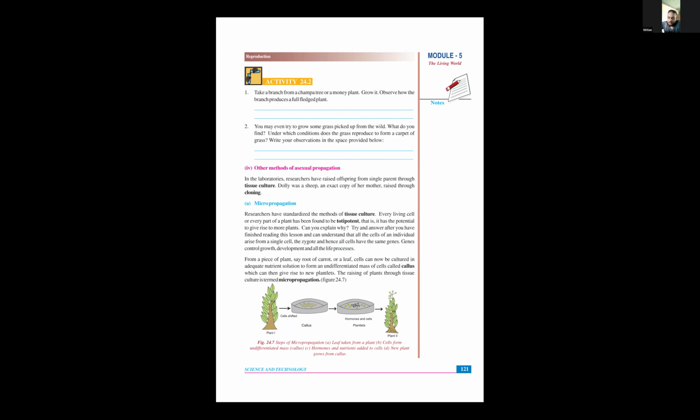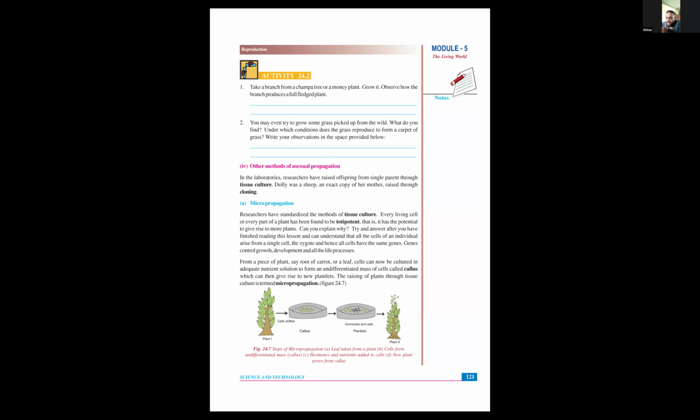Now, micropropagation. Micropropagation is also called tissue culture. Understand it like this: in a garden, one variety of plants, all are dying because of some disease. To save these plants, what do we do?